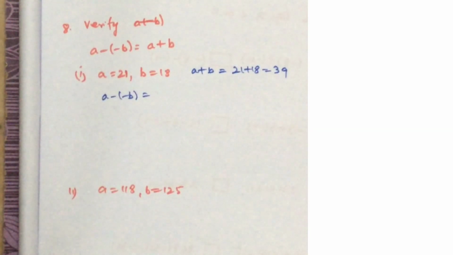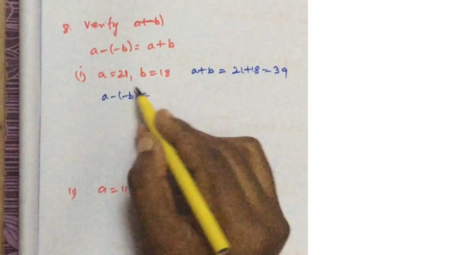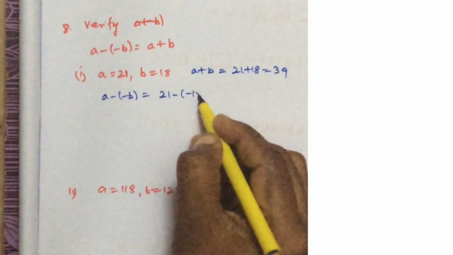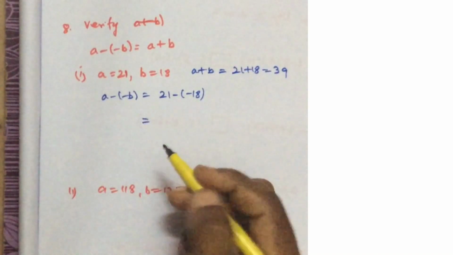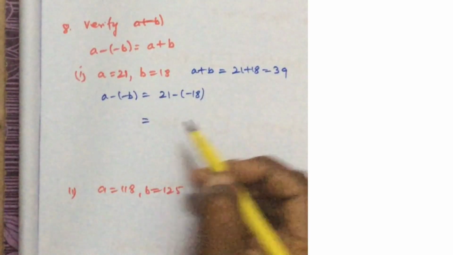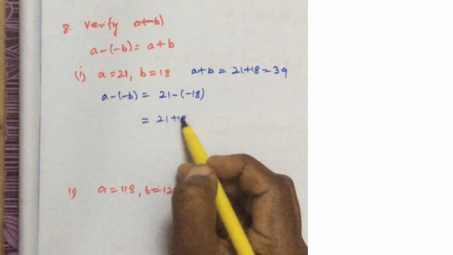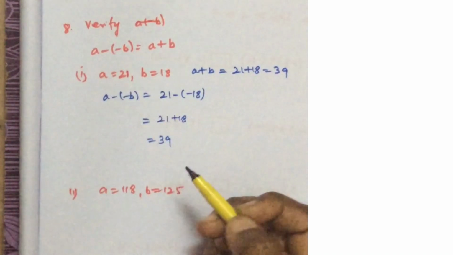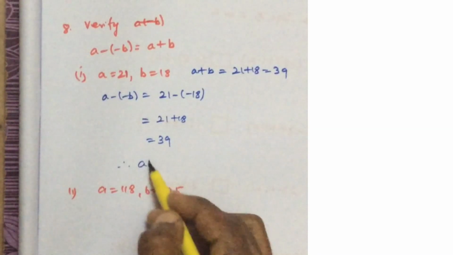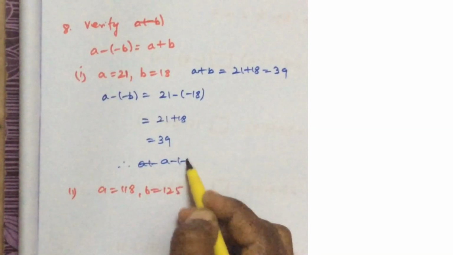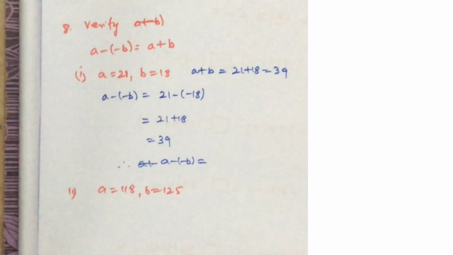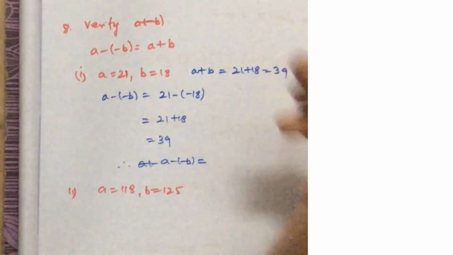So now a minus of minus b is 21 minus of minus 18. Again this a minus of minus b is 21 plus 18, that is equal to 39. Therefore a minus of minus b is equal to a plus b.